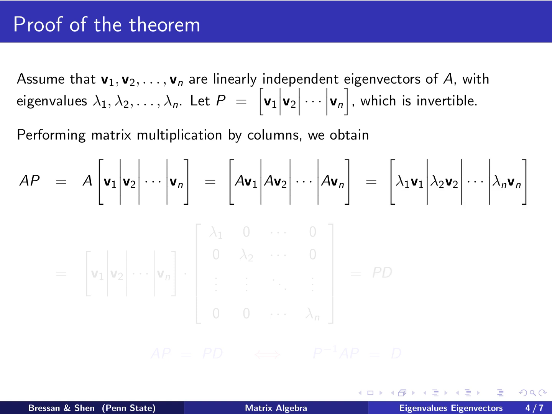And now we use the fact that these v1, v2, vn are eigenvectors of A, corresponding to the eigenvalues lambda 1, lambda 2, lambda n. So in particular, A times v1 would be lambda 1 times v1, A times v2 is lambda 2 times v2, and A times vn will be lambda n times vn.